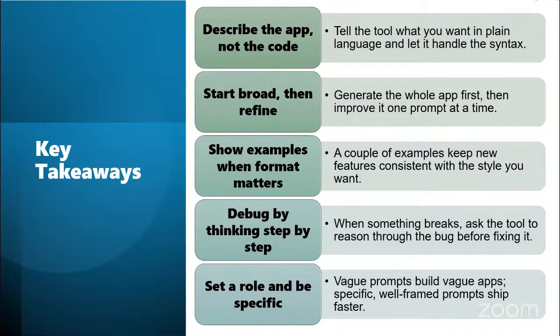Some key takeaways. When you are working with these platforms, try to describe the app, not the code. Don't think about whether you are writing in Python or some other language. Obviously, if you are using it to generate just the raw code, you will ask it to generate the code, but don't think about what the code can do.